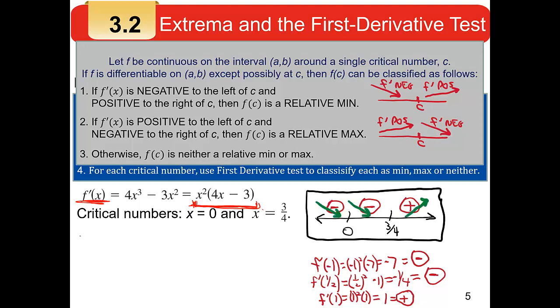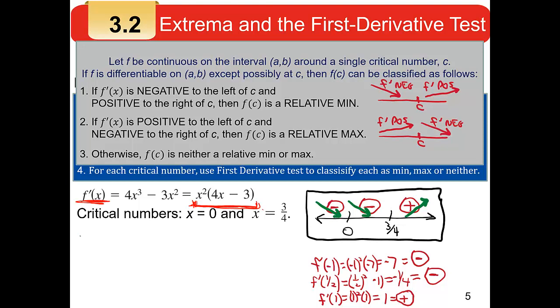If you look at those negative signs, remember those were plugged into the derivative, and that tells you about the slope. So to the left of 0, the function's decreasing, so I arrowed down. Between 0 and 3/4, it was still decreasing, so I arrowed down again. Once it passed 3/4, it starts up again, so I arrowed up.